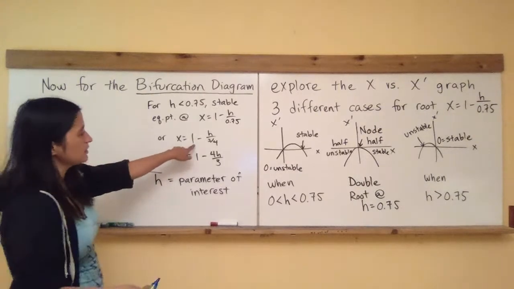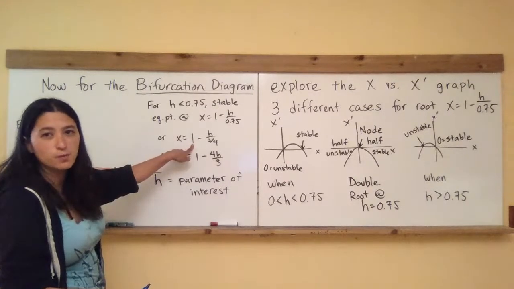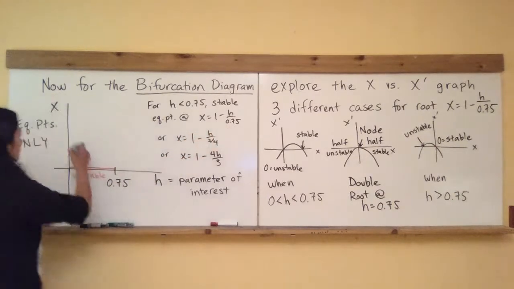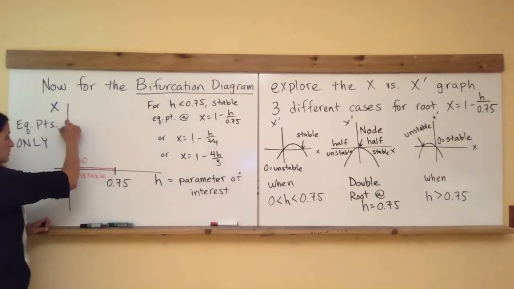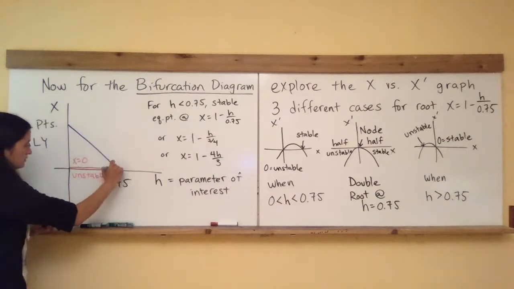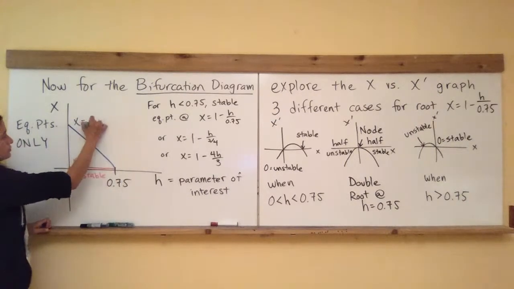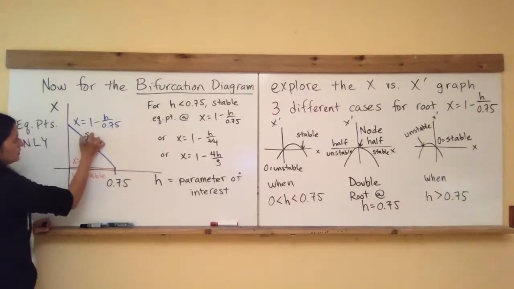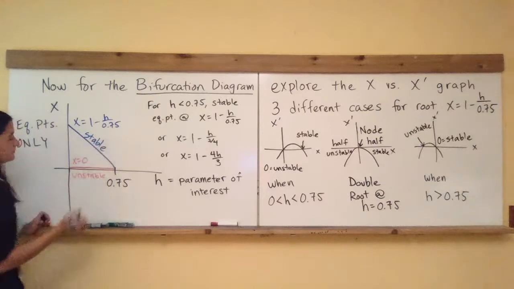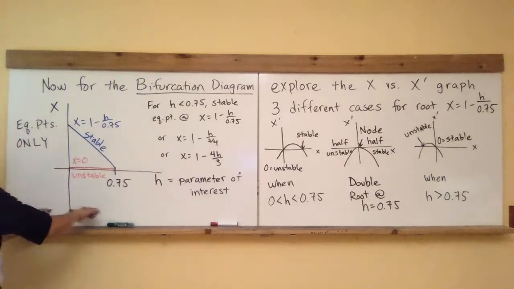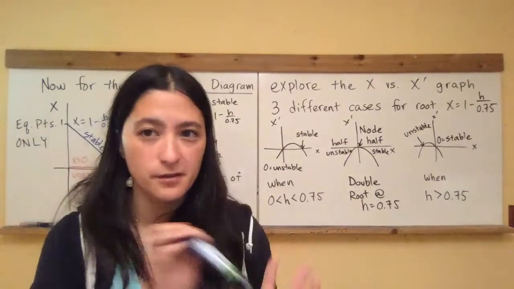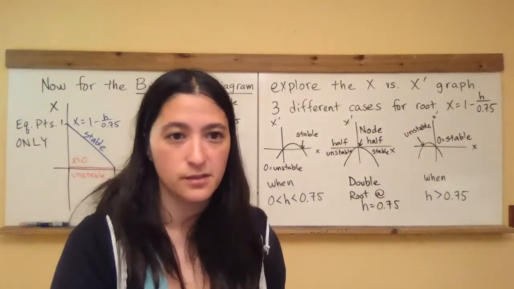So it has a y-intercept of 1, and it has an x-intercept of 0.75, and so it looks like this. So this is x equals (1 minus h) over 0.75, and that's stable. Okay, and it starts up here at 1. See? It starts up there at 1. Hopefully that made sense. Let me know if anything's not making sense to you here.